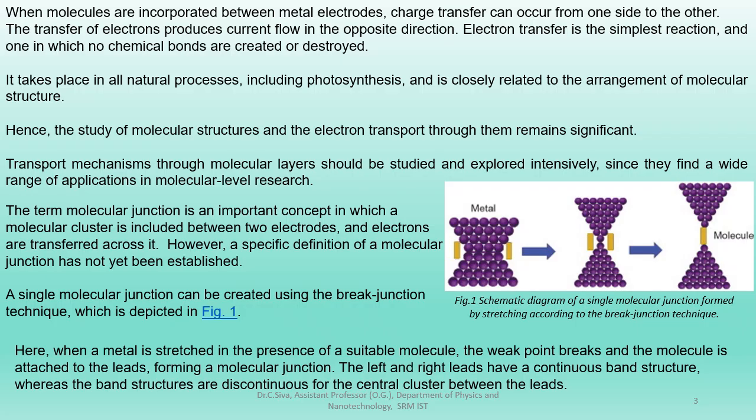Molecular junctions, okay, how they form. A molecular junction refers to a group of molecules positioned between two electrodes, allowing electrons to pass through them.